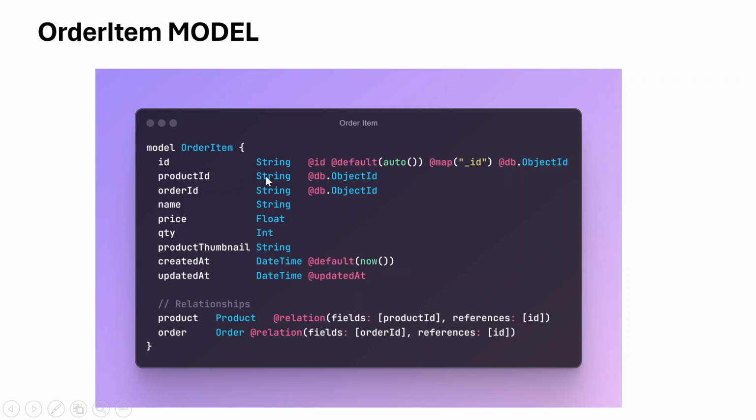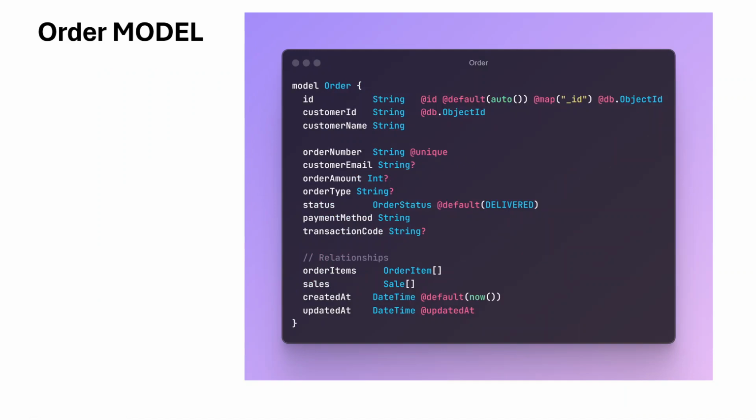So this is connected to the product, and then it has the order ID. The order must first be created, and then we have it here as order ID. It has a name, a price, a quantity, and then the thumbnail and others. It has two relations, the product and the order. Then you have the order, which has items.